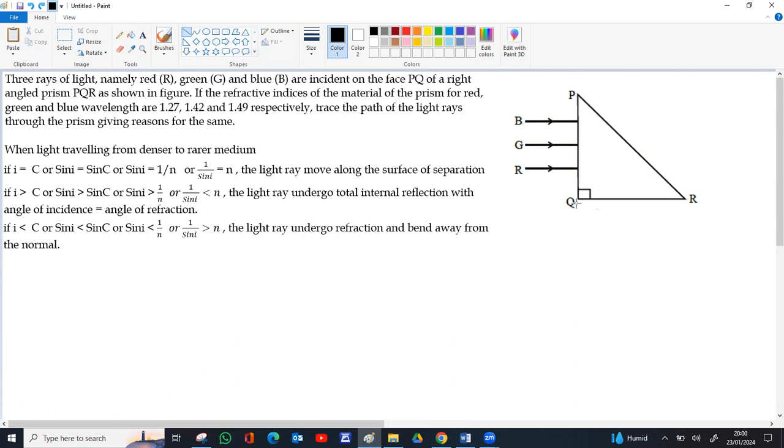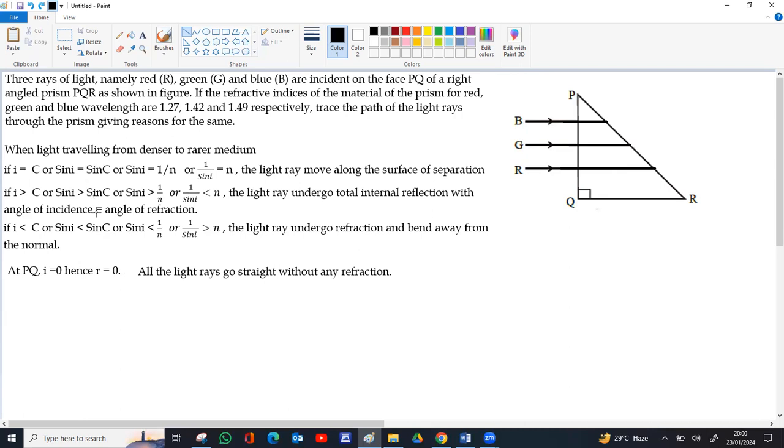Now at PQ, all the three light rays, blue, green, red, have angle of incidence 0. So the angle of refraction also will be 0. So all the light rays go straight without any refraction till PR. Now at PR, the light is trying to go from denser to rarer medium, glass to air.